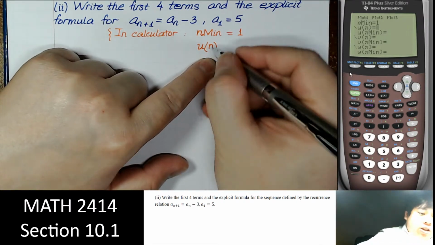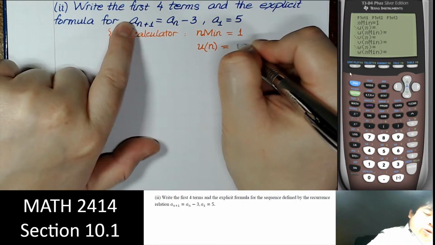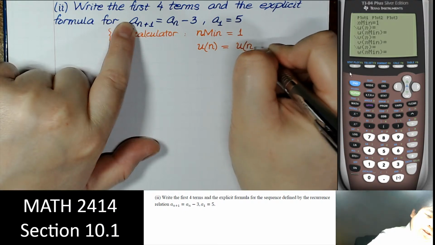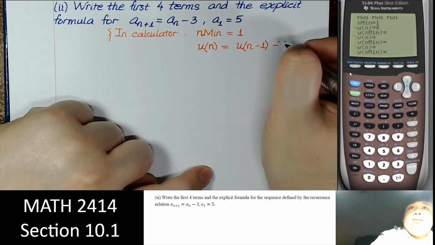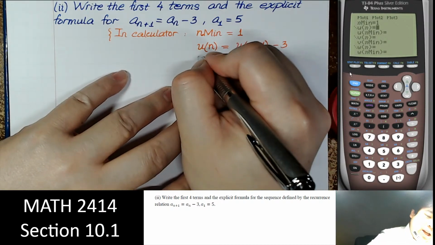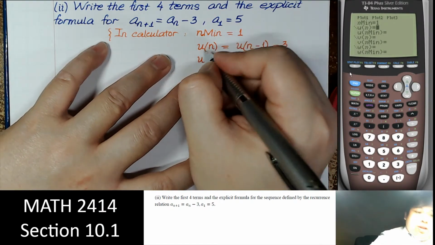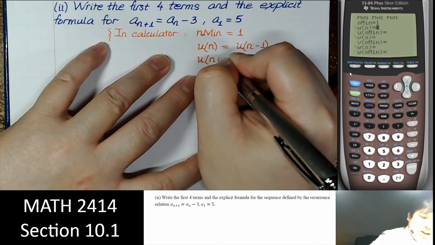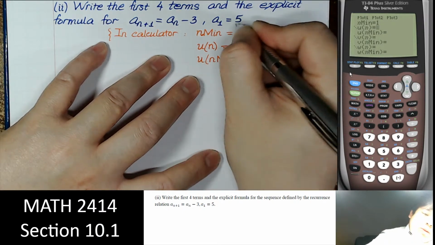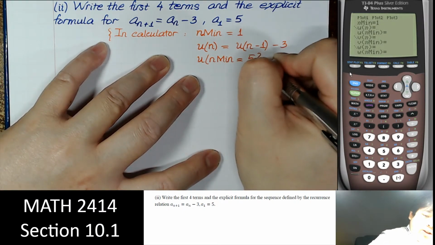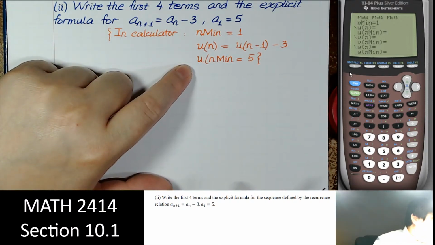The sequence for this term is equal to the previous term minus 3. And then we start with the first term equal to 5.